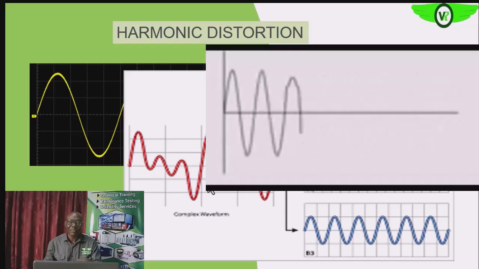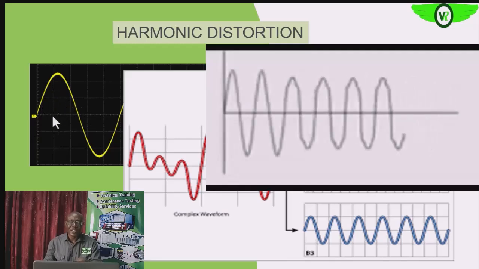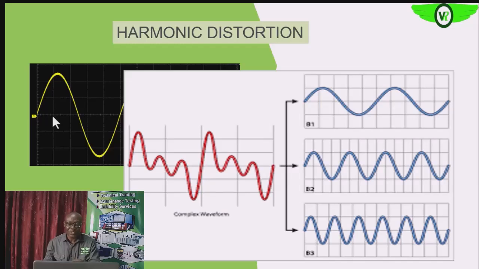It's because we have other voltage signals superimposed onto this fundamental signal that we expect to go into our system. That is what you are seeing on the right. If this is the fundamental, these are harmonics, 2 times the fundamental frequency, 3 times the fundamental frequency. All of this superimposed onto this gives us this distorted waveform.